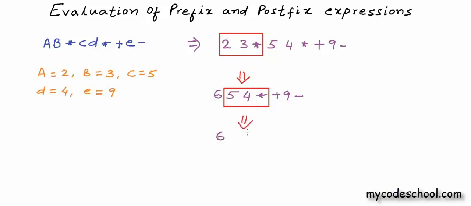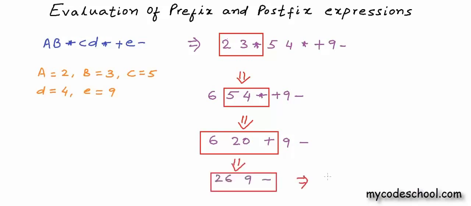We have 6. And then we have 5 into 4, 20. We are using space as delimiter here. There should be some space in between two operands. Okay, so this is what I have now. Once again, I'll look for the first occurrence of operand, operand, and operator. We will go on like this till we are done with all the operators.